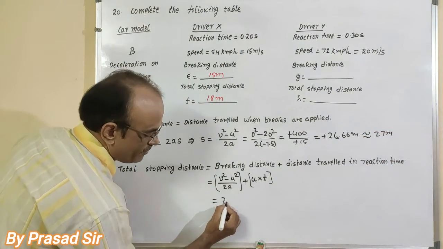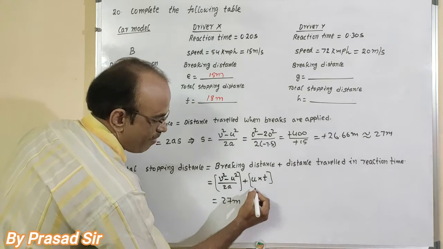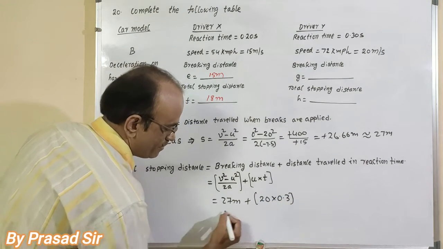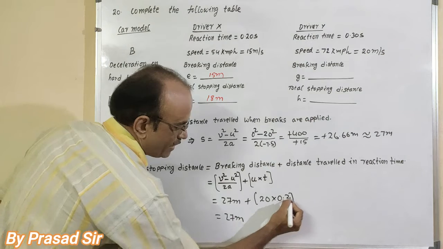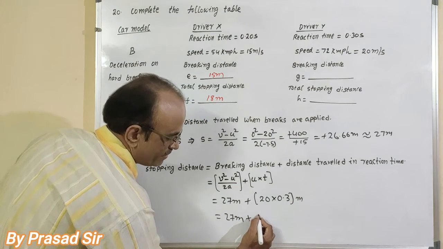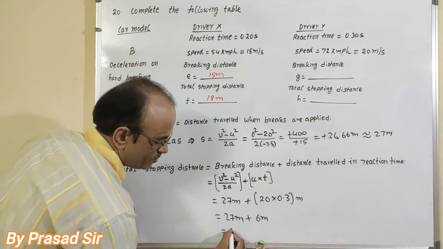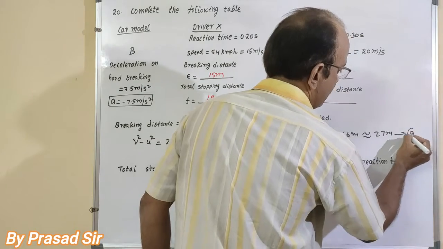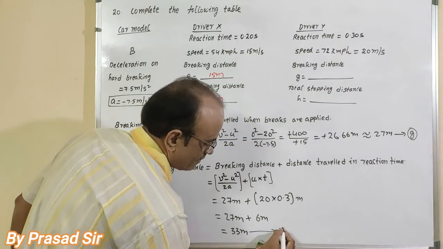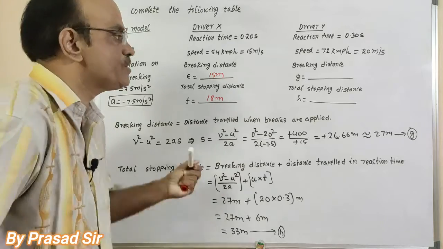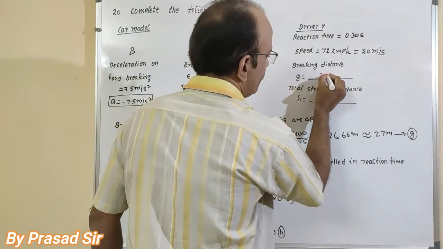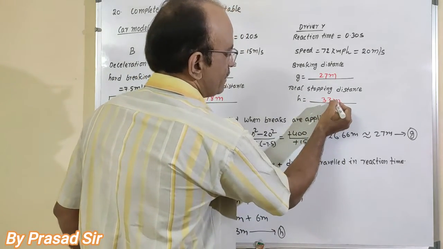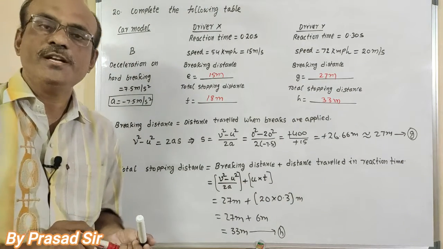Then we already got 27 meters plus initial velocity 20 into reaction time 0.3, which on multiplication is 6 meters, so 27 plus 6 is 33 meters. This is the G value and this is the H value. Now I will write the values here. The G value we got is 27 meters. The H value we got is 33 meters. This is the solution for question number 20.